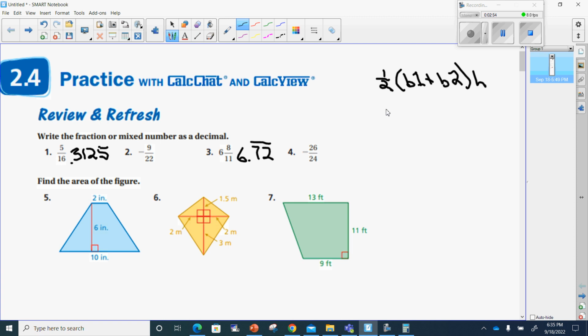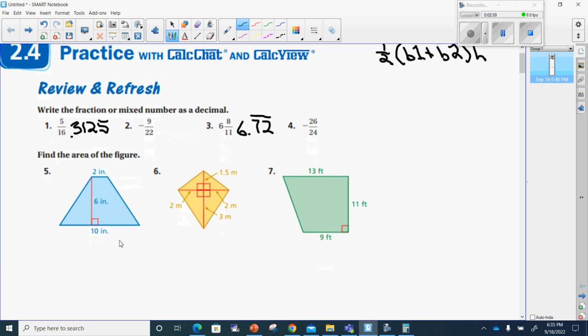All right, let's fill in the blanks over here. If I use this formula, I can see that there's 1/2. Base 1 is 10. It says plus base 2, that's the top up here.